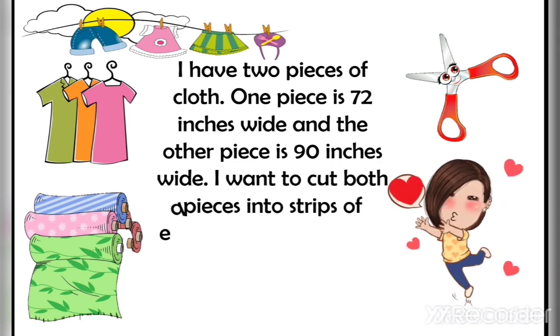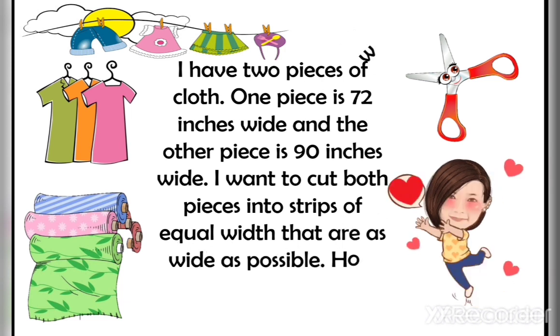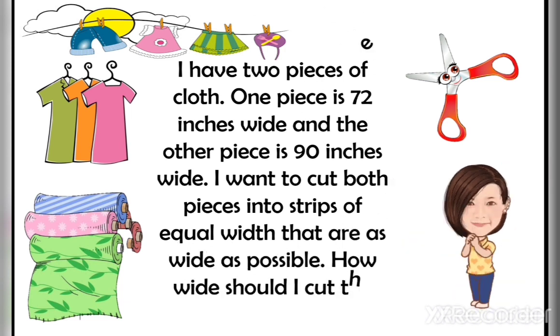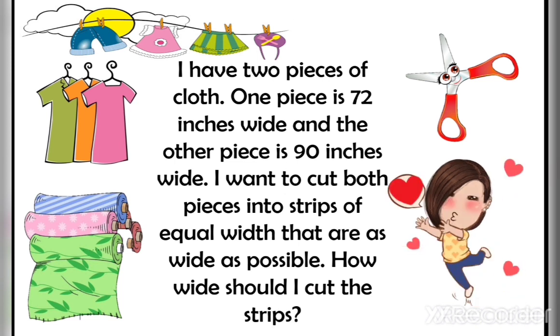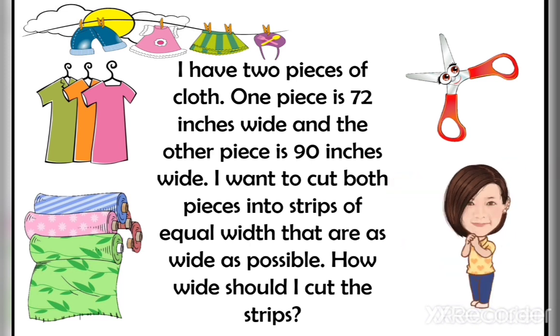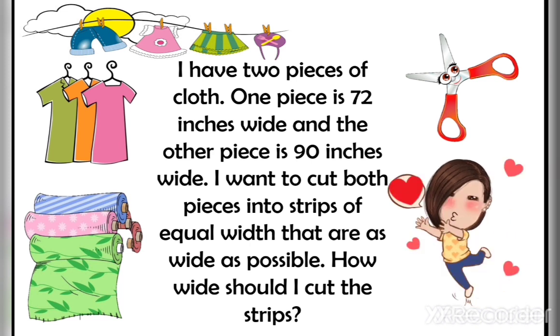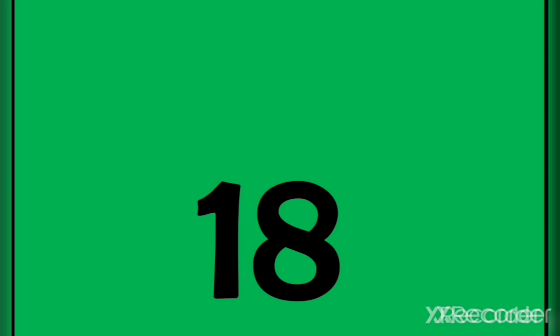I want to cut both pieces into strips of equal width that are as wide as possible. How wide should I cut the strips? This problem shows the GCF. To find the answer, you may use any of the three methods. And the answer is 18. Wow!